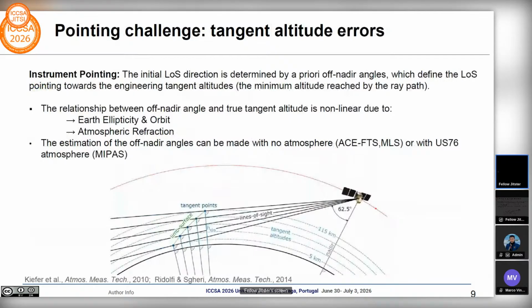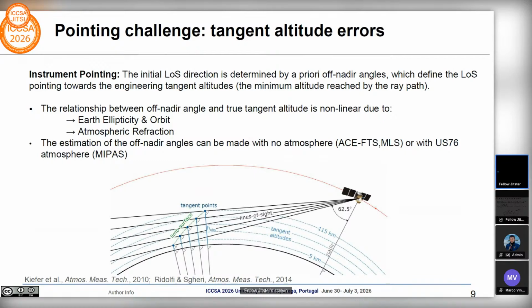Now, the point is, compared to a nadir instrument that looks directly at the Earth's surface, a limb instrument doesn't observe in a vertical way, but observes in a tangent way. So essentially, the spectra are not associated with an area or surface on the Earth, but the spectra refer to the tangent point.